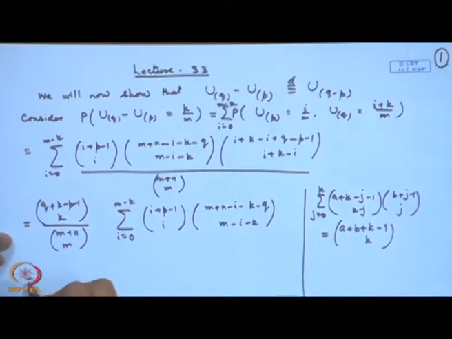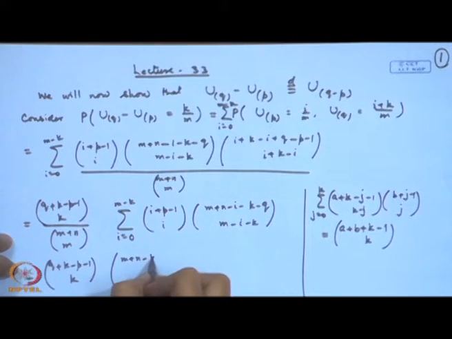So, this becomes simply equal to q plus k minus p minus 1 c k, m plus n minus k minus q plus p c m minus k, divided by m plus n c m.